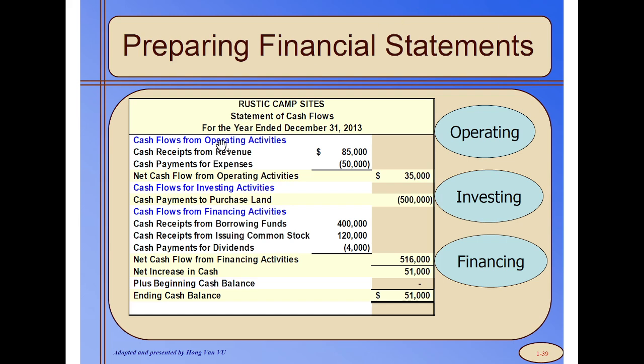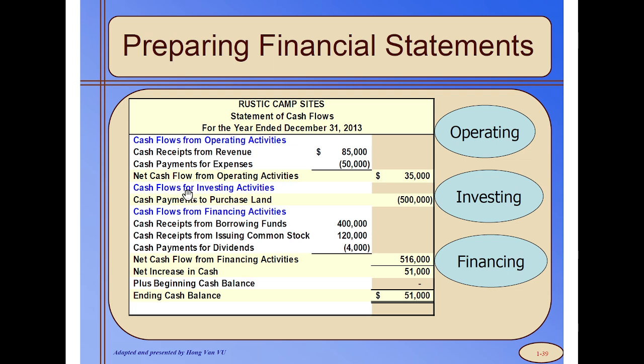So now if you look at this slide, in general, the cash flow statement is divided into three categories. The first one, operating activity. It means that they receive cash from revenue and pay expenses.